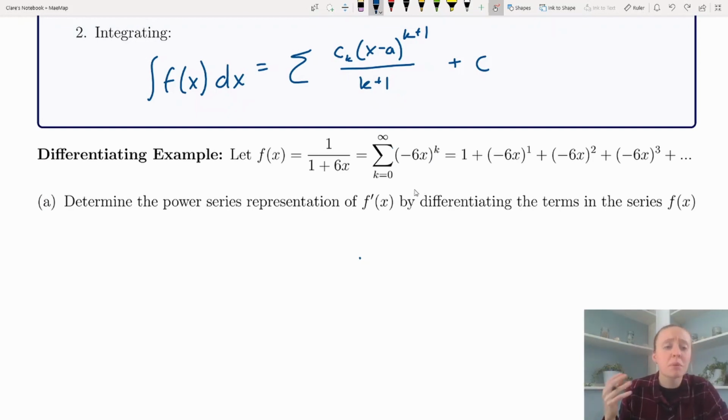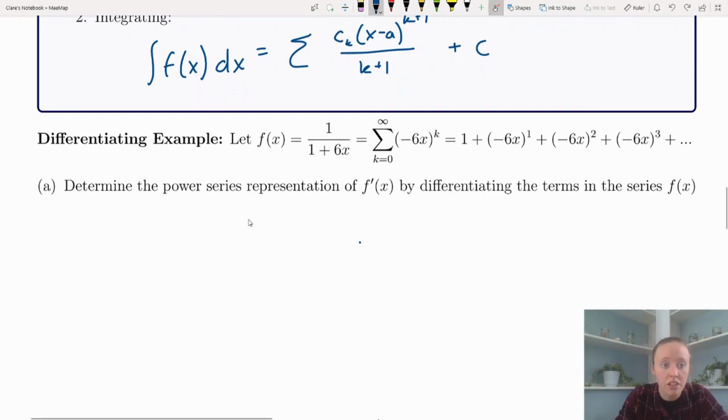And it's the same thing we did up above in example C. I took that same function, so again, we know it's geometric, and we know it converges on the interval from negative 1/6 to 1/6. And I wrote out the terms of the series because in part A, I want to determine the power series representation of f prime of x by differentiating the terms of f of x.